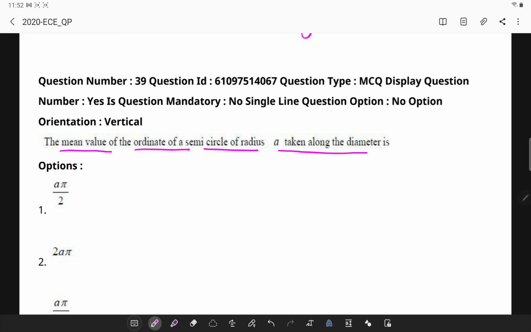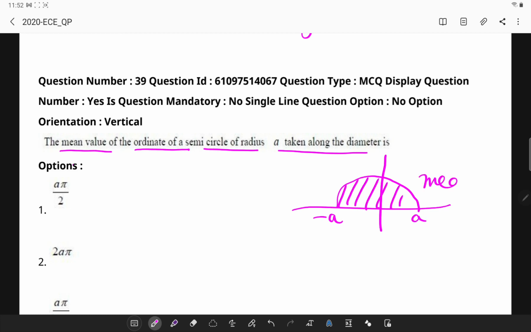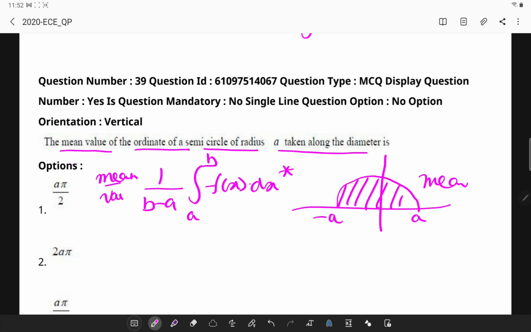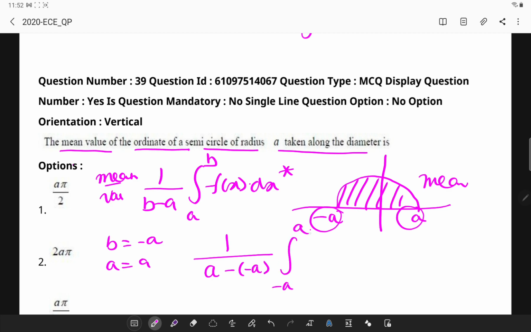This question is a bit advanced in nature, because if this is a semicircle with radius a, it is asking to calculate the mean value from minus a to a, and the mean value formula is 1 by b minus a integral a to b f of x dx. This is important.